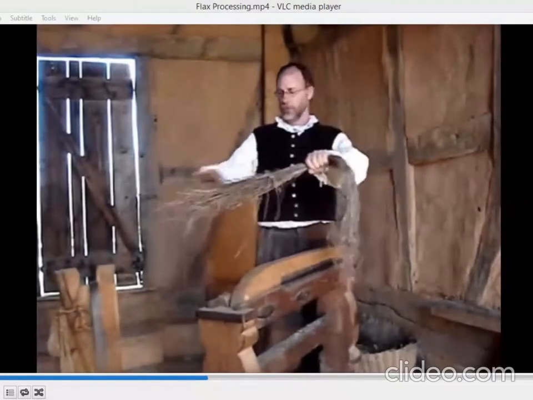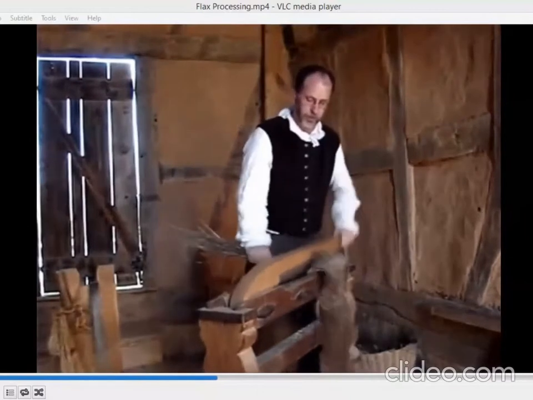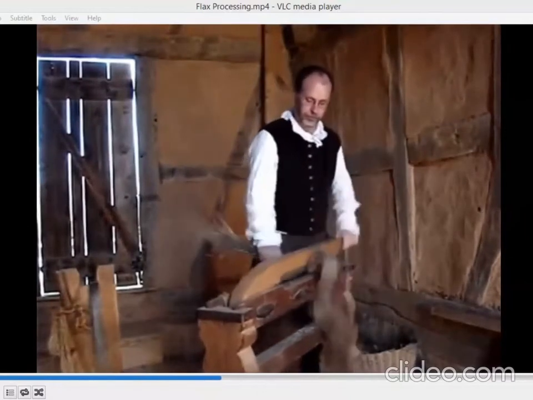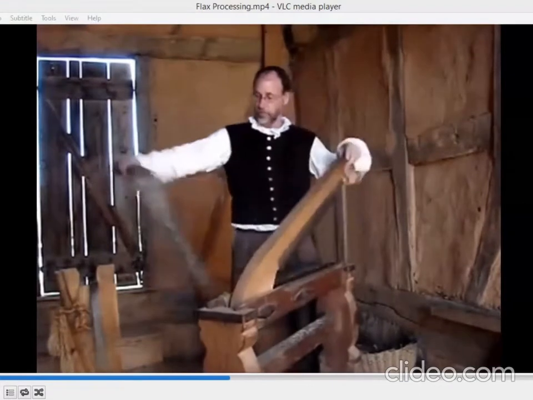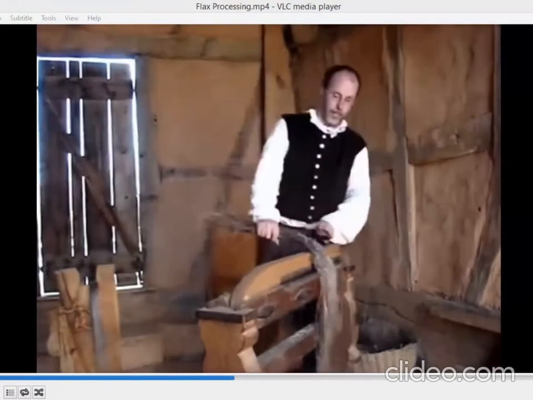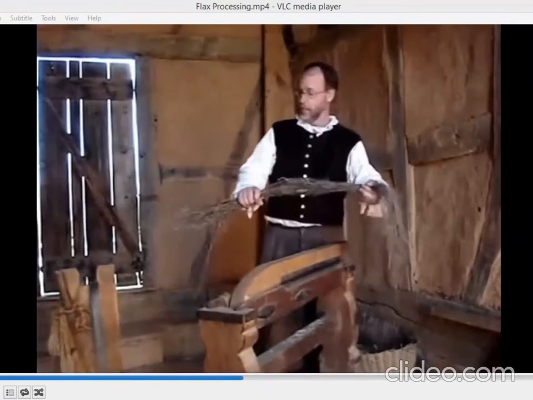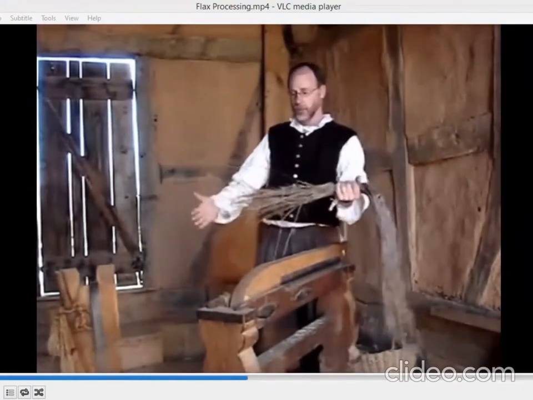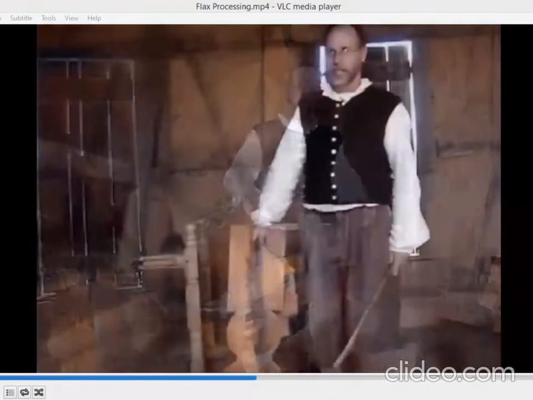And we would keep working through the whole length of this to break up the entire bundle. That's breaking up well. And after breaking the whole length of this, then we would move on to the next step, which was the scutching.